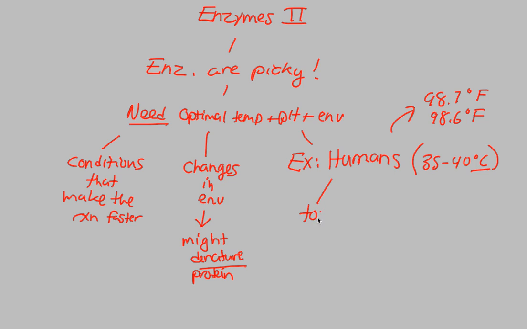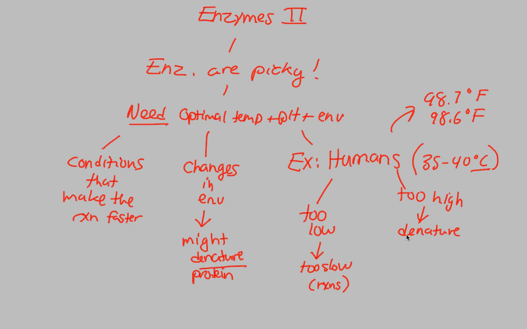If our temperature becomes too low, if we become hypothermic, we are going to have reactions that are too slow. Too low, too slow. Very easy to remember. If our temperature becomes too high, if we get a fever, that's going to cause the proteins to denature.